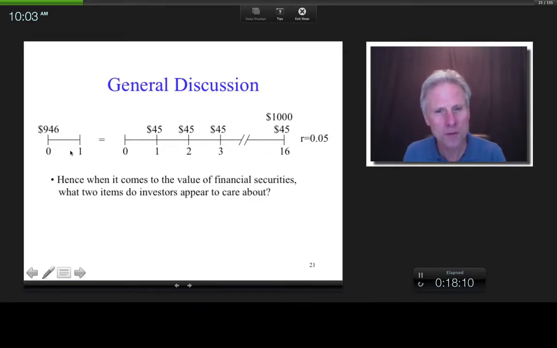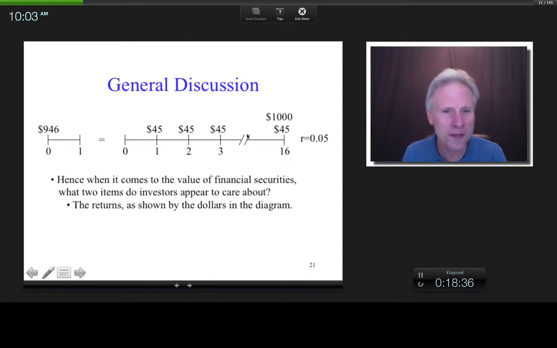All right, so when it comes to valuing financial securities, what do investors appear to care about? Well, you invest $946 today. In a sense, are all these items that you get back? They are, right? When something gets given back to you, what do they call it? A return, right? So one of the things that you care about is return when it comes to financial securities.